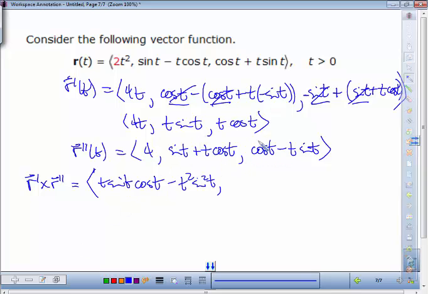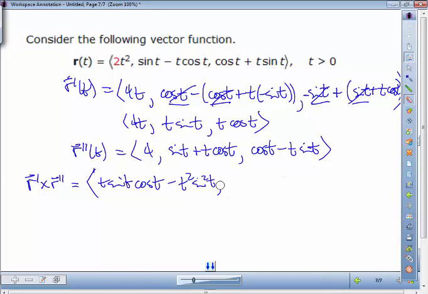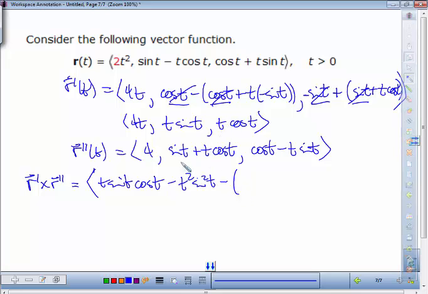Oh, minus. Oh, man, now this is going to take too long, because I have to subtract this, right? Things are probably going to cancel. t cosine t sine t plus t squared cosine t.